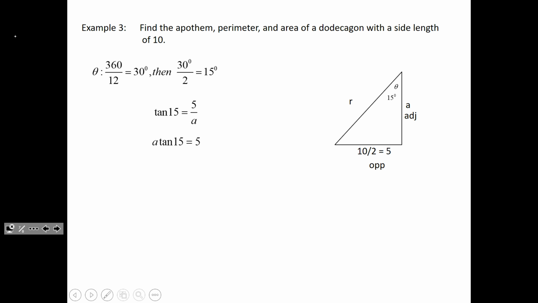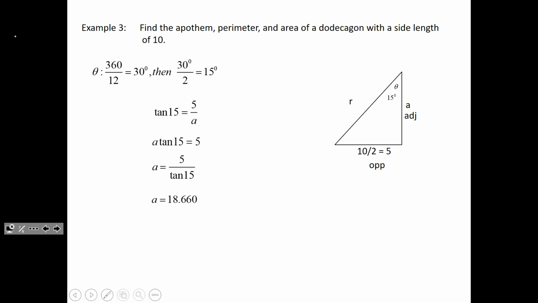How am I going to get A by itself? So A is equal to 5 over tangent of 15. Approximately how long is our apothem? Very good.